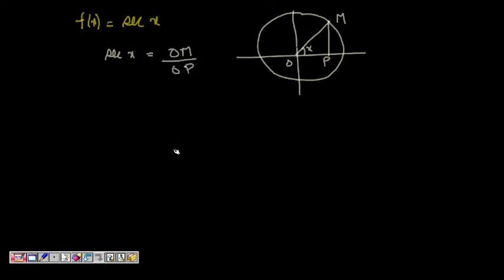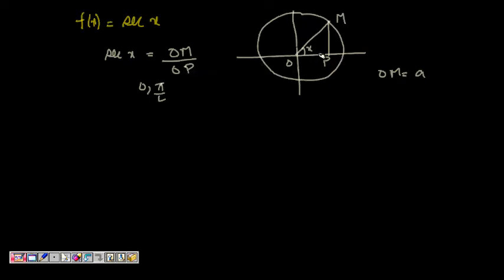So now let's see what happens. OM by OP. Okay, so in 0 to pi by 2 what happens? So OM is just the radius, so it is always A. Now we just have to look at OP.